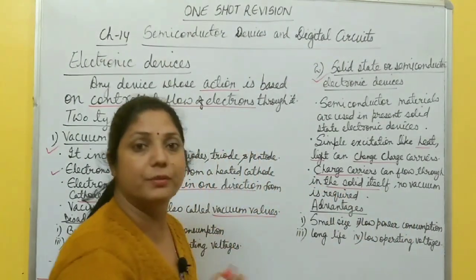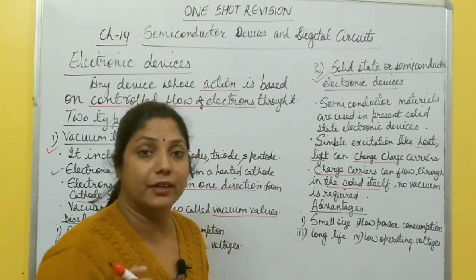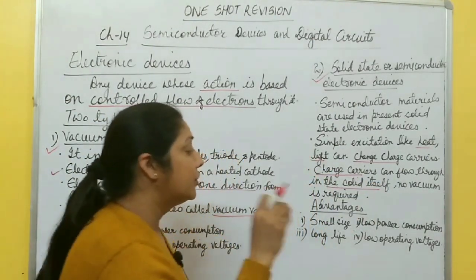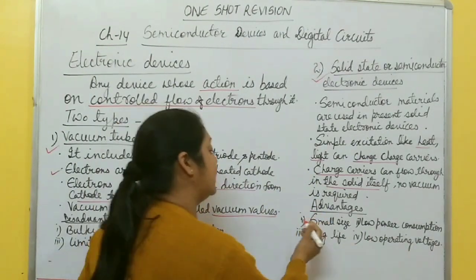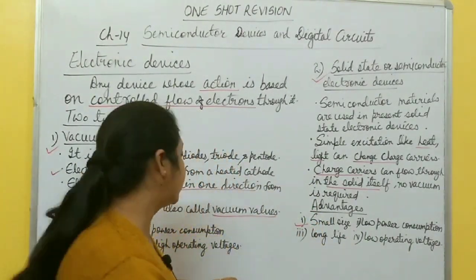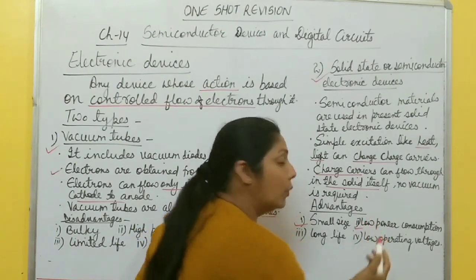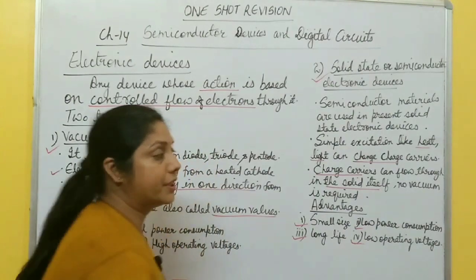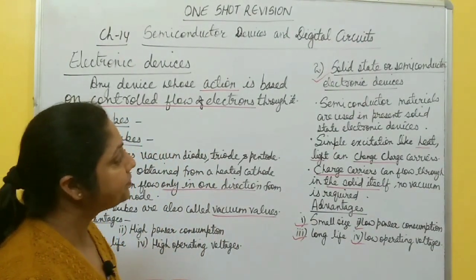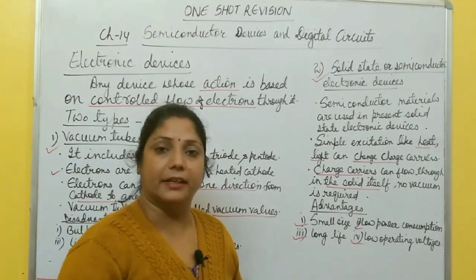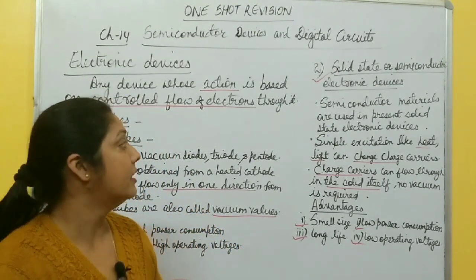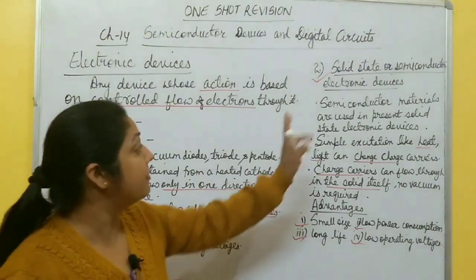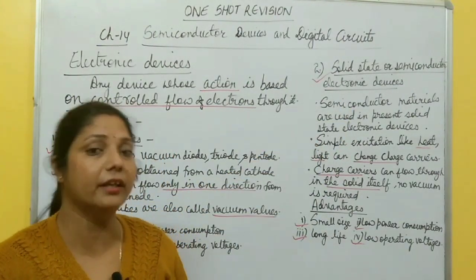Here no vacuum is required, so this is one advantage. Because charge carriers flow through the solid itself, its size is very small. Then again low power consumption is there, long life and low operating voltage. These are advantages of semiconductor electronic devices. And in present days in every electronic device we only use semiconductor electronic devices.